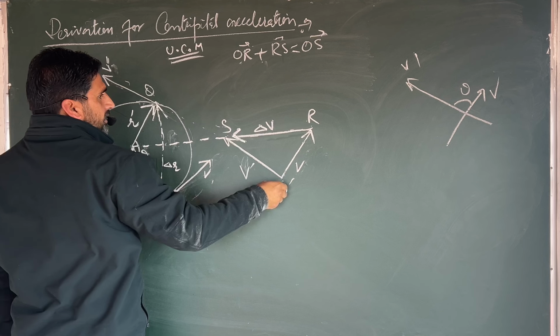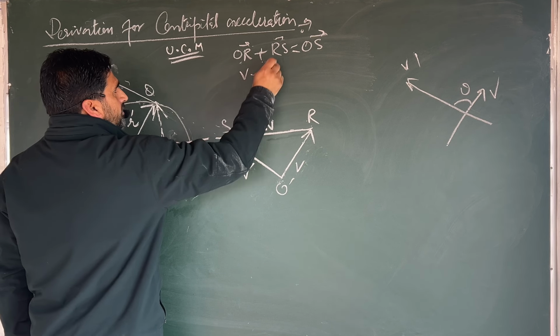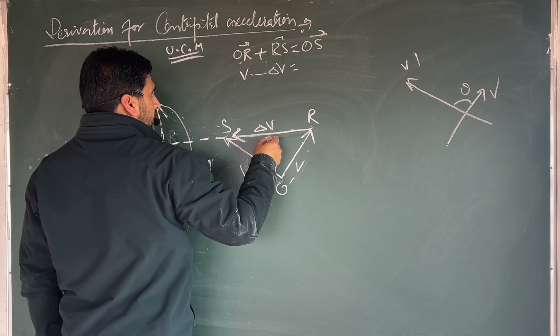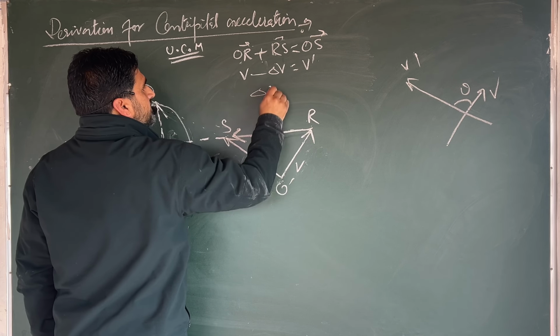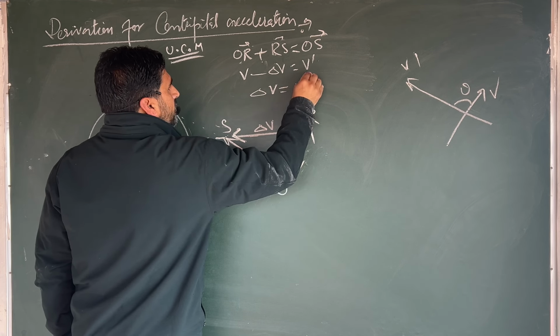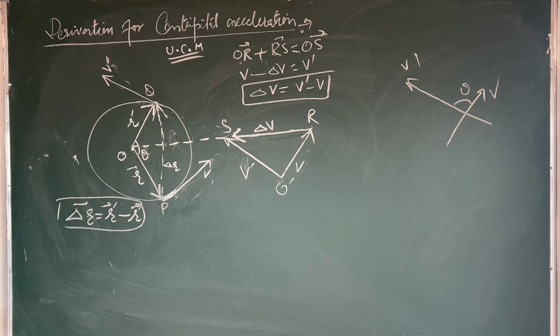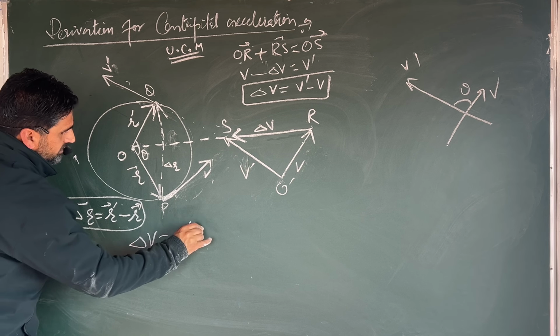That is, OR is equal to V, RS is delta V, and OS is V dash. So your change in velocity becomes equal to V dash minus V. Similarly, the change in velocity delta V is equal to V dash minus V.